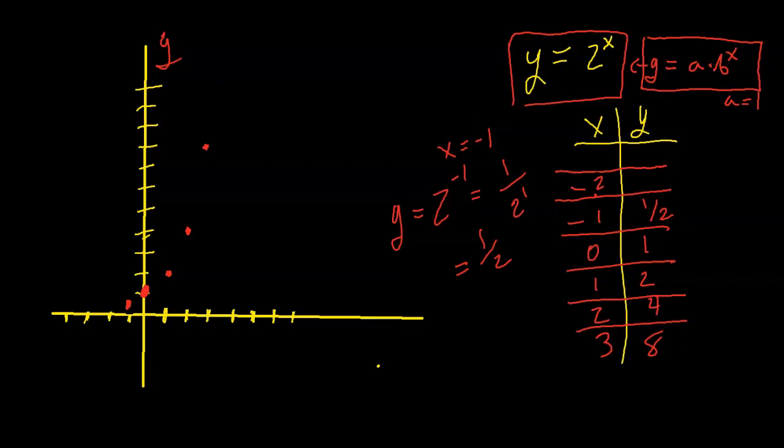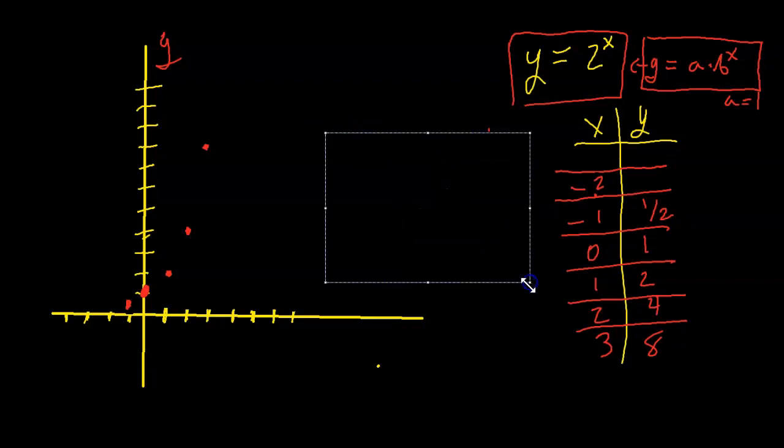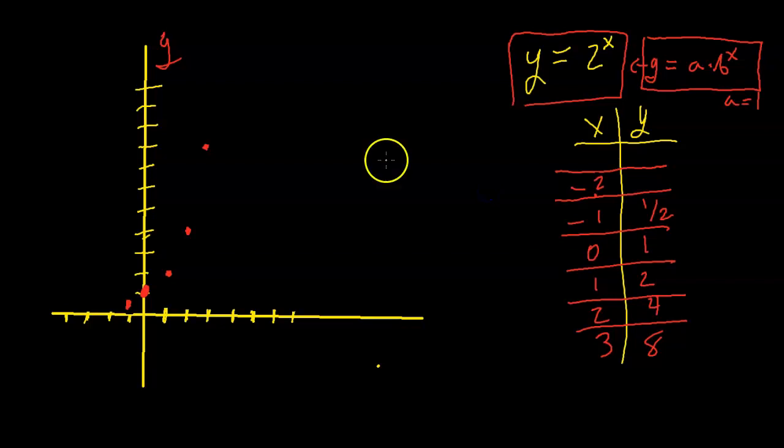And finally, what about when x equals -2? Y is going to equal 2 to the -2 power, right? That's going to equal 1 over 2 to the second power, going to equal 1 over 4, right?